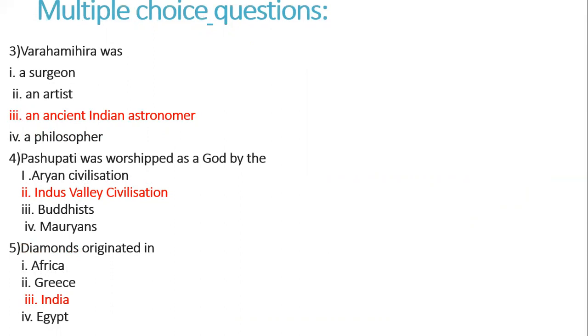What was he? Was he a surgeon, an artist, or an ancient Indian astronomer? He was an ancient Indian astronomer. Fourth one is Pashupati was worshipped as a god by whom? Which civilization? It was the Indus Valley civilization. Fifth one is diamonds originated where? Well, we know that's in India, right? Later on, it was found in Africa.